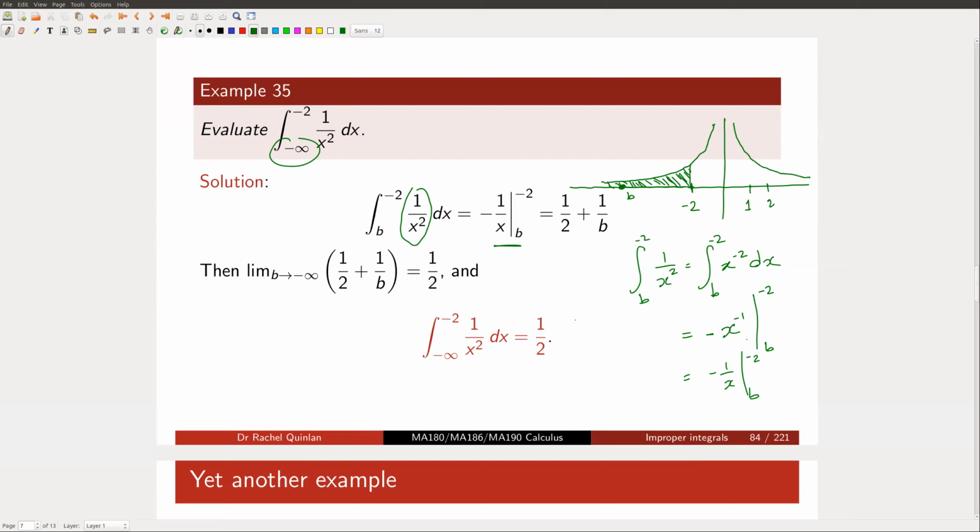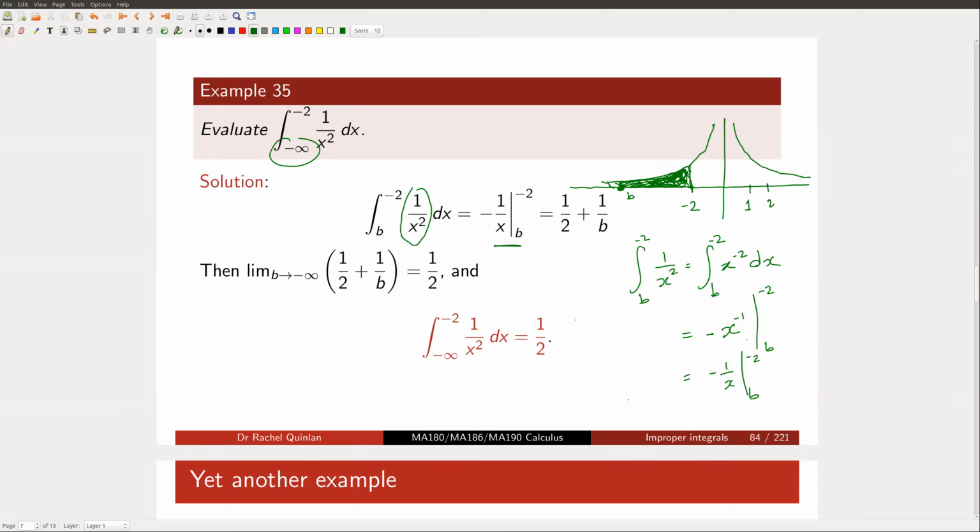So if b is here, and we're looking at this region, the area of that region between b and minus 2 is 1/2 plus 1 over b, which is 1/2 plus a very small negative number. So it's a bit less than 1/2.